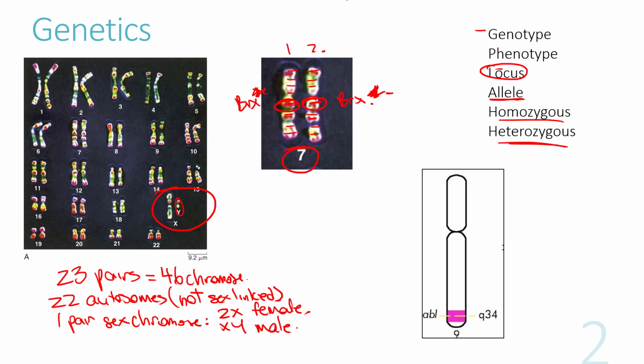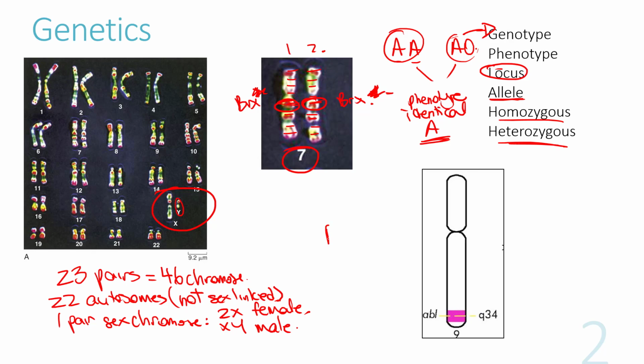For example, when we look at blood type, a person with either two A's or a person with an A and an O might end up with the same phenotype, which is that the person would have type A blood, right? So this would be the phenotype, and the two A's or the A and an O would be the genotype, right?